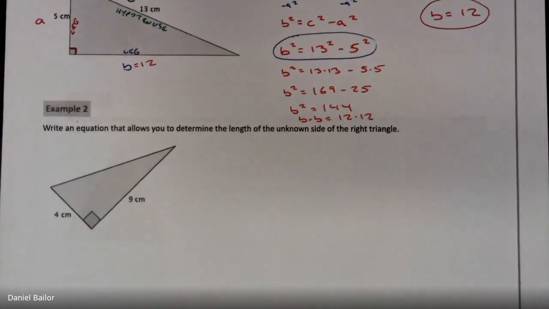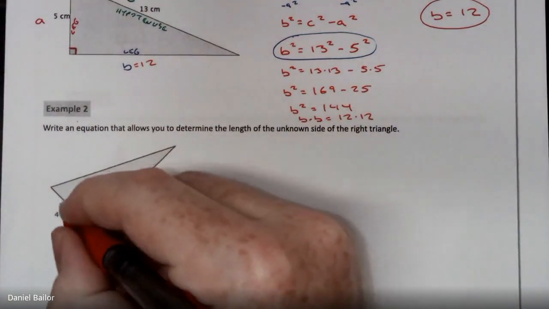So we have this example 2. Write an equation again to find the missing side. Well, again, when we have a right triangle, we need to think, where are the legs? Where is the hypotenuse? So here's the right angle.